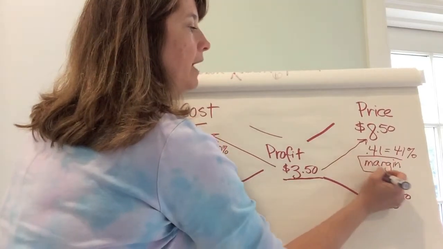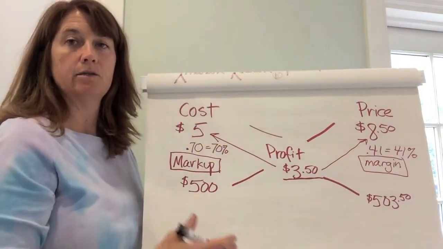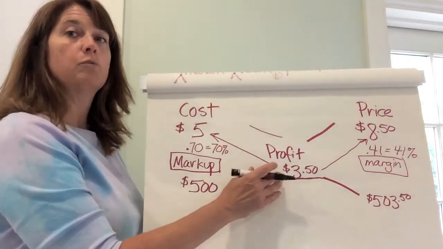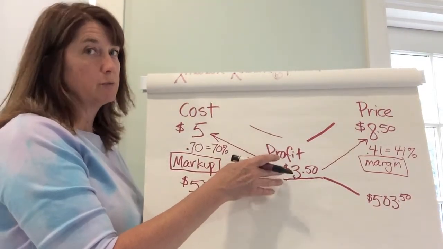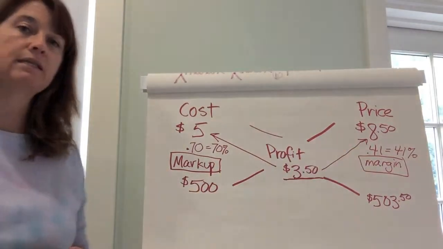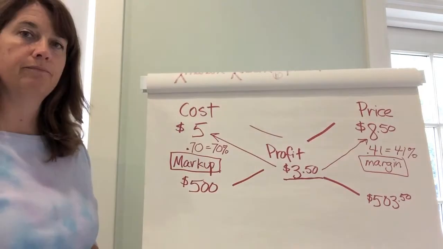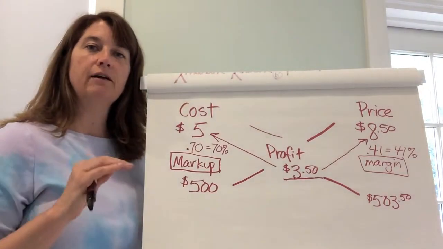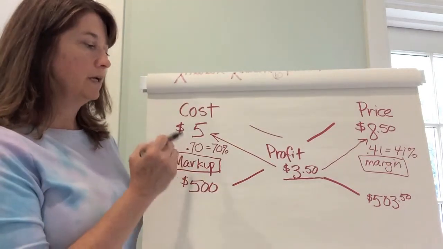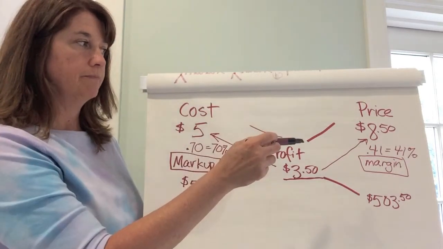And you might remember that because margin really means gross profit margin. Not dollars, not gross profit dollars, because dollars are expressed in dollars and cents. But a margin, like a markup, is expressed as a percentage. So that's the very, very simple and essential difference between a markup and a margin.